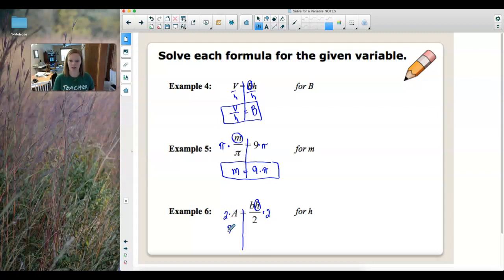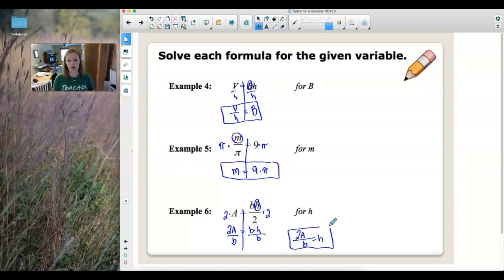So we end up with 2a equals b times h, and then we're going to divide by b. When you divide by b, you get 2a divided by b equals h. And that is our final answer.